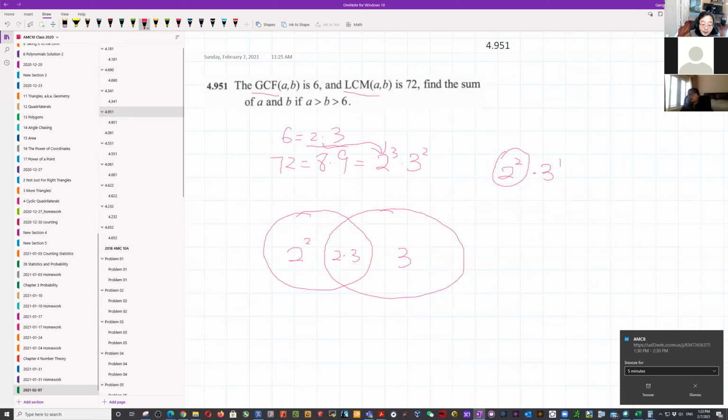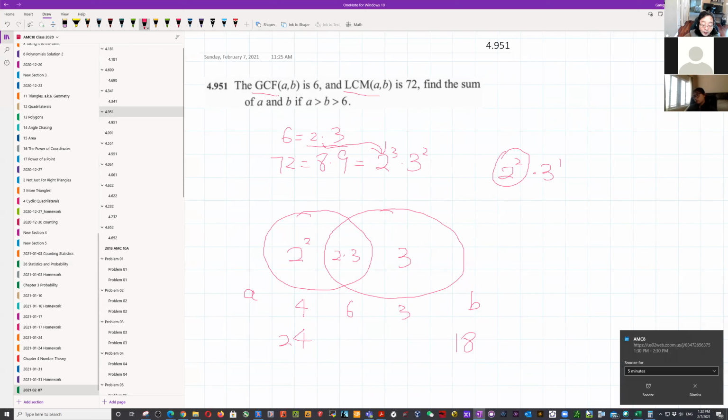So basically that will give us A and B. So we can reconstruct A: A is going to be this side and B is going to be this side. So this is going to be 4 multiplied by 6, the middle is 6, and 3 multiplied by 6.